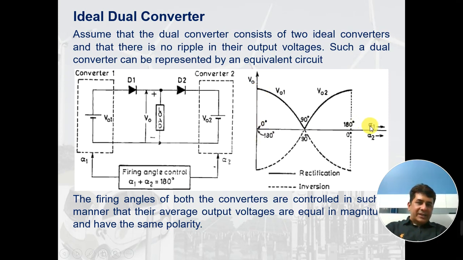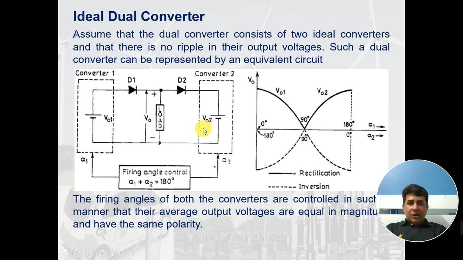By increasing the alpha, its voltage will go on decreasing up till 90. At 90, the voltage of converter 1 will be 0, and after 90, this voltage will start becoming negative. Similarly for alpha 2, when alpha 2 is changed from 180 degree to 0 degree, the voltage goes like the one shown here.